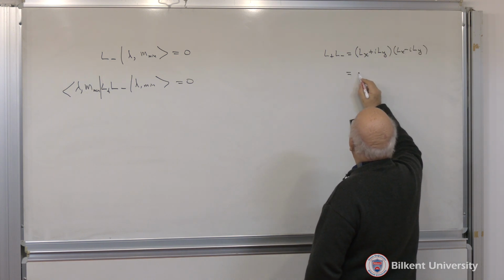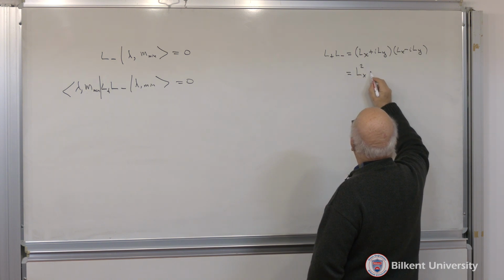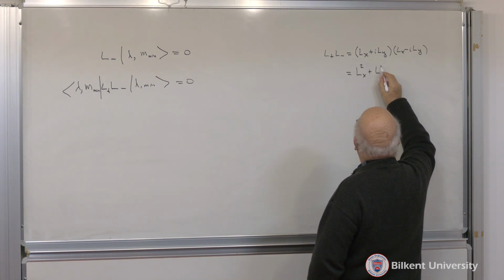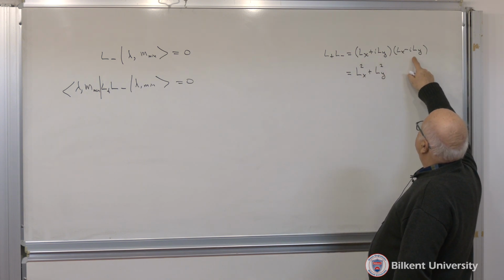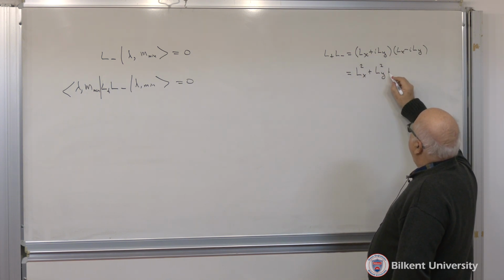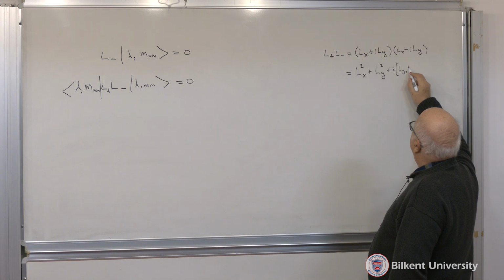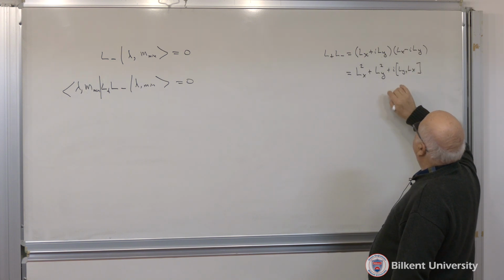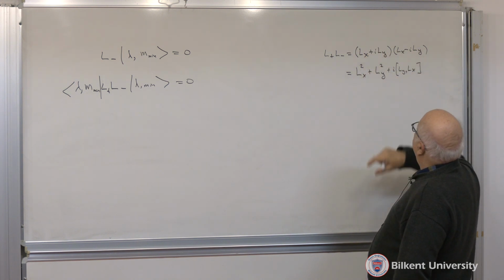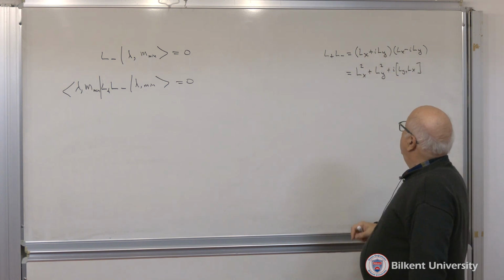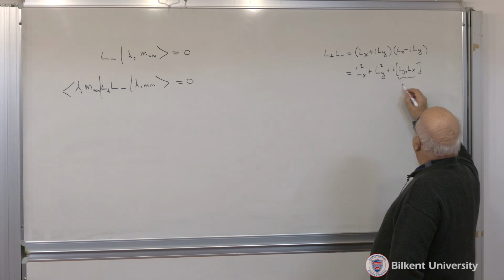I'm going to do this somewhat quickly because we did it once. So it's Lx squared plus Ly squared, this time plus i times the commutator of Ly with Lx, so Ly Lx with a plus sign, Lx Ly with a minus sign. This is again equal to minus i h bar Lz.